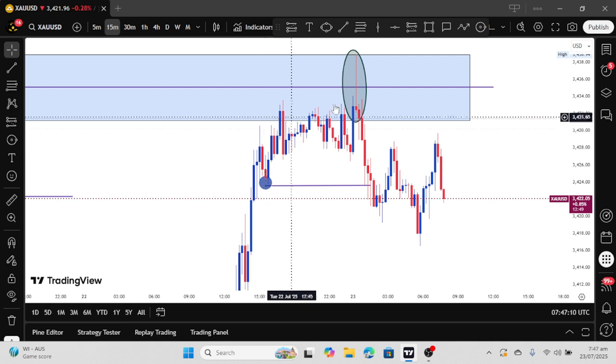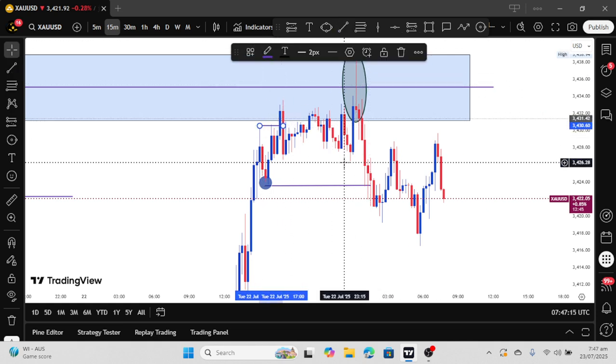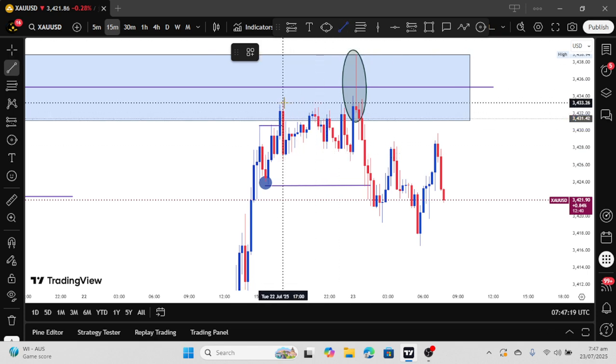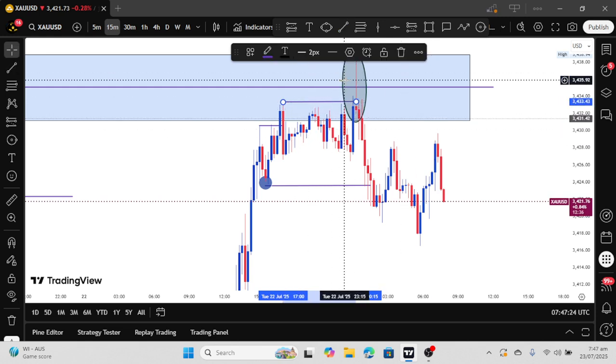We'll mark it out. We are going to mark out this one as the break of structure, and this one as the liquidity grab.